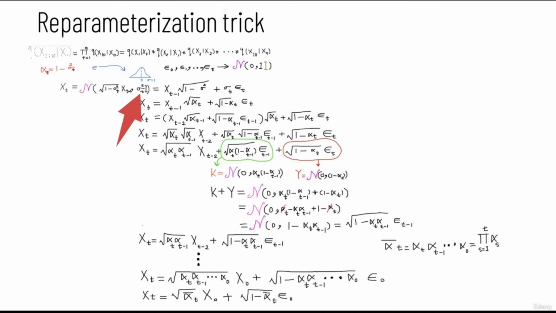And we can write this Gaussian distribution the way that we used previously, which is xt minus 1 times the square root of 1 minus the variance at time step t, plus the standard deviation at time step t times epsilon t, which represents random noise that we took from the standard Gaussian distribution at time step t.